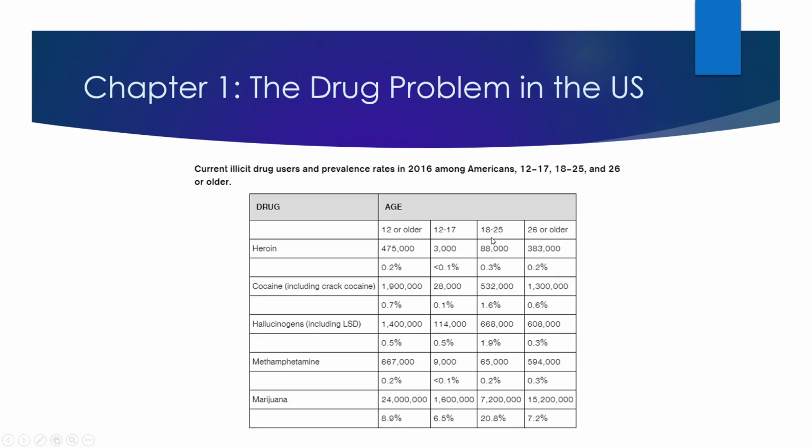So that's a good thing to know. What you seem to see here is lower rates for younger kids, peak rates for 18 to 25, and then 26 and older adults tend to, if they were using, most likely have used during the college ages, and they're most likely to discontinue, to stop, or reduce their drug use as they get older.